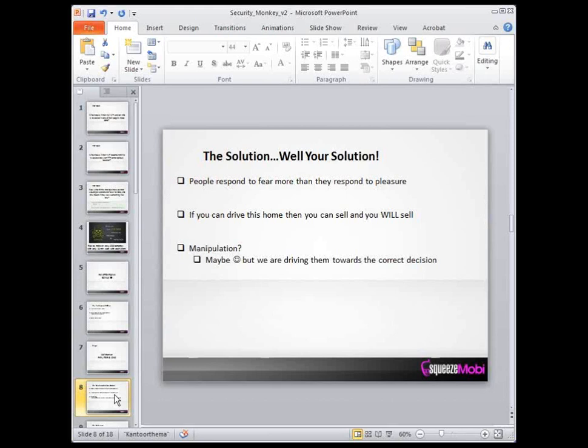Now, manipulation. Is this manipulation? Are we manipulating people by doing this? Maybe. Maybe just a little bit. Is this evil? Tell me. Who says yes?